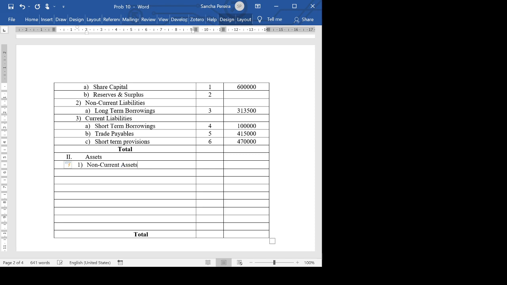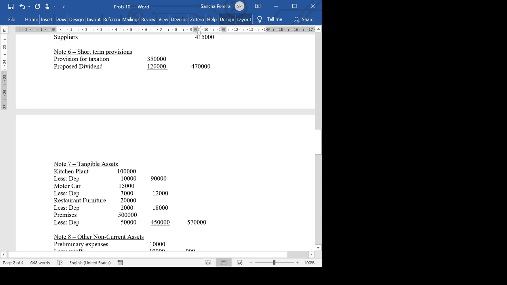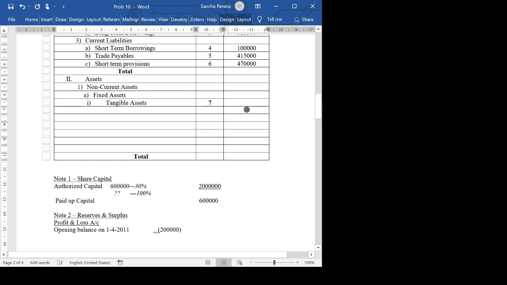Under non-current assets, we have fixed assets, and under fixed assets, the first thing is tangible assets. We already have the total of our tangible assets, note number 7, and the tangible assets are 5,70,000.